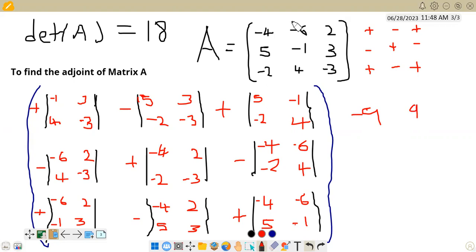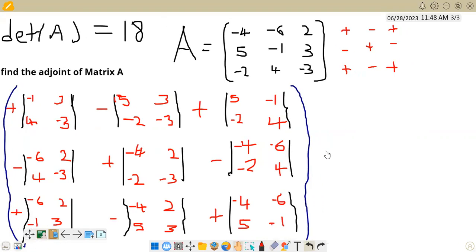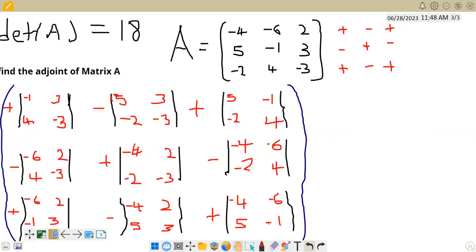Alright, so let's try kuti kuonekeza pang'ono so that we should create the space.